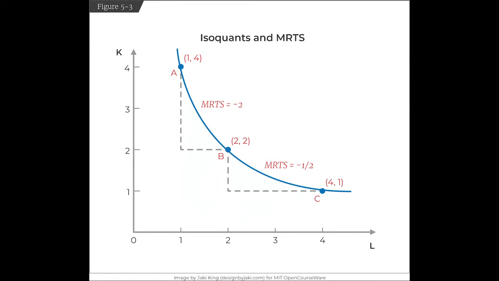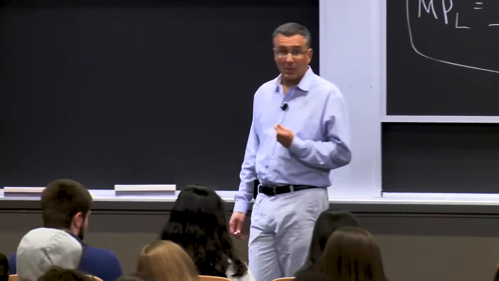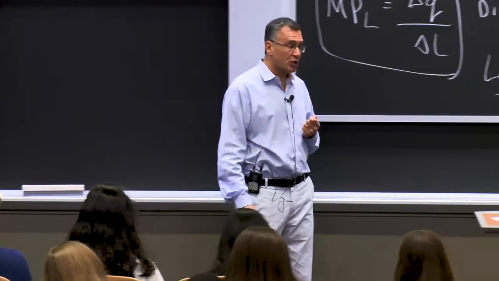You already got 4 machines, only one guy to run them. He's not doing a lot of good. So adding a second worker and 2 machines helps a lot. It's not perfectly Leontief, but you can get the intuition that 2 workers and 2 machines is the same as 1 worker and 4 machines. You're not better off. You're the same off. You're on the same isoquant. So the marginal rate of technical substitution is -2. That is, 1 worker substitutes for 2 machines.